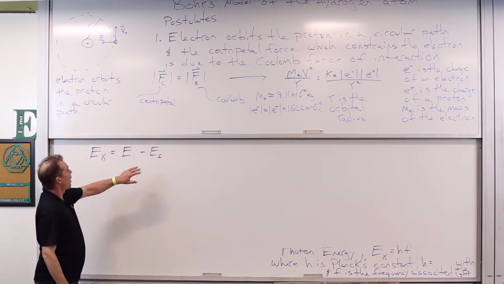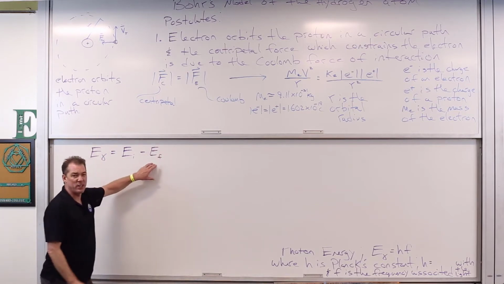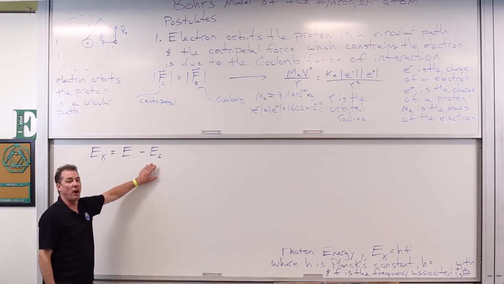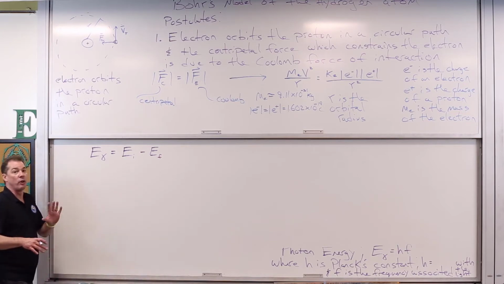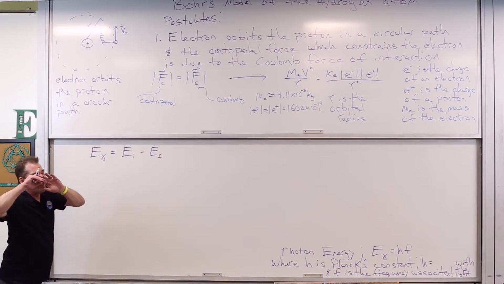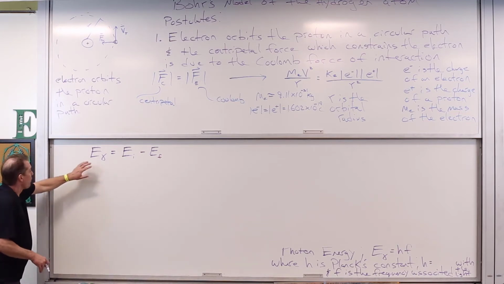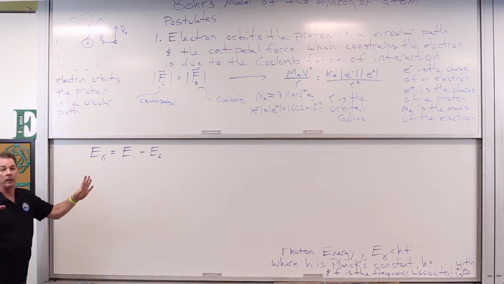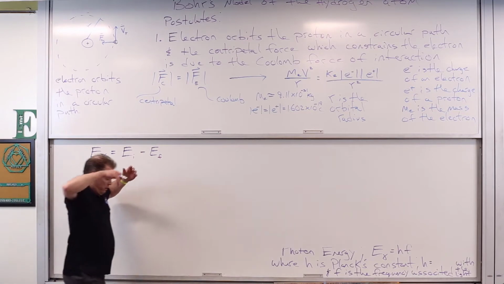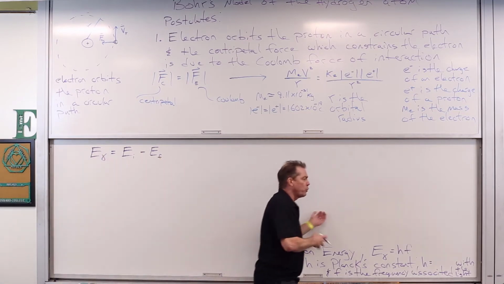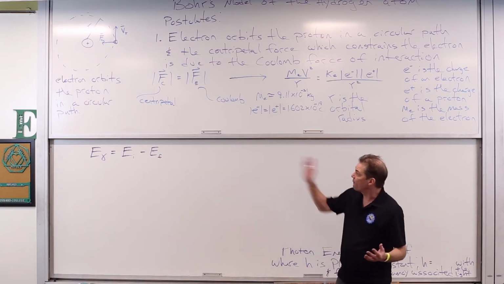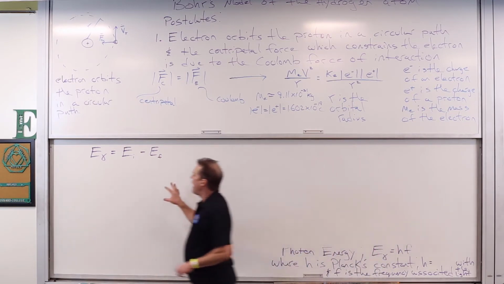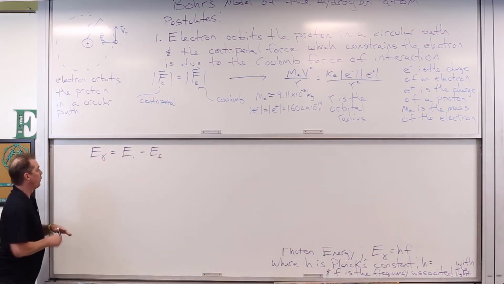And the reason that we're calling it initial minus final is because we're going from a higher energy to a lower energy, and even though the atom itself has lost energy, we're looking at the energy that it spits out in the form of a photon. And this just follows conservation of energy. The atom makes a transition between different energy levels, goes from a higher energy to a lower energy as it falls inward, and that energy is spit out in the form of a photon.